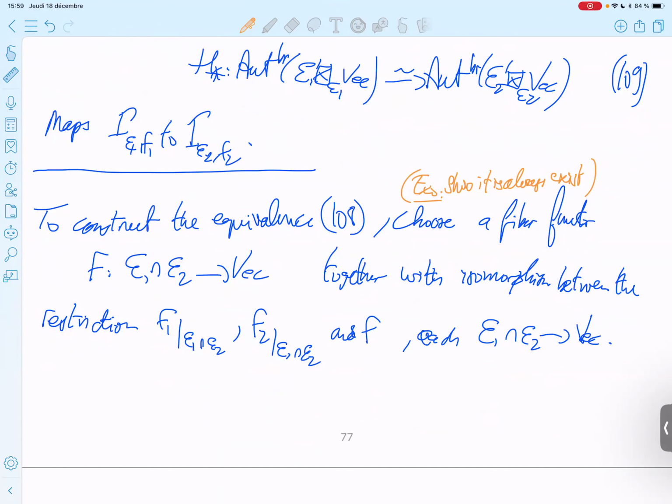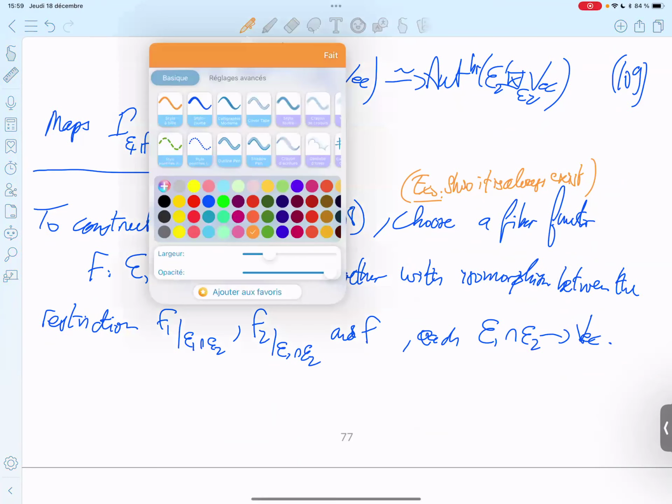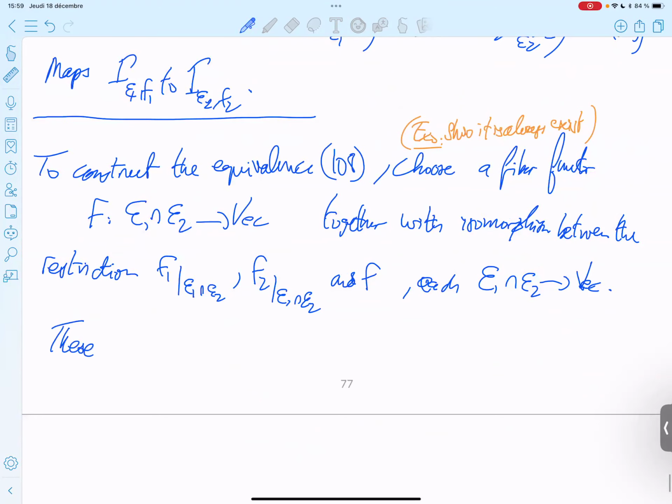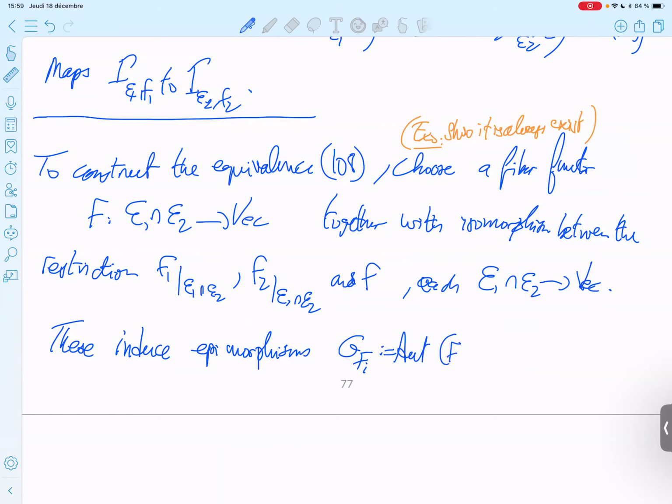So now you consider the induced group homomorphism, this induced epimorphism from the automorphism of F_i to the automorphism of F, which is G_F, i equal 1, 2.